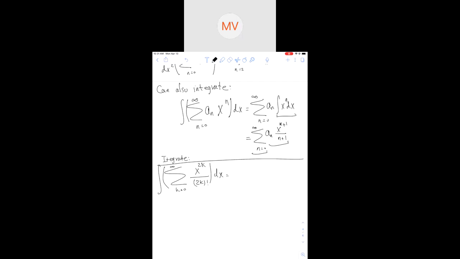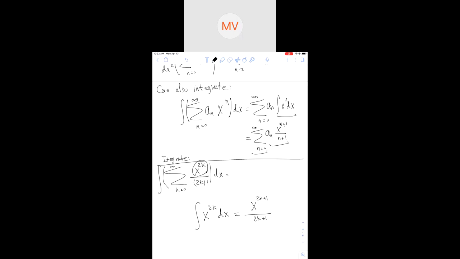It's a giant thing. You only focus on integrating this guy. What's the integration of x to the 2k dx? We do the power rule. It's x to the 2k plus 1 over 2k plus 1. Okay?